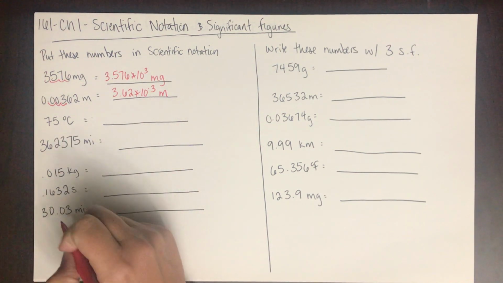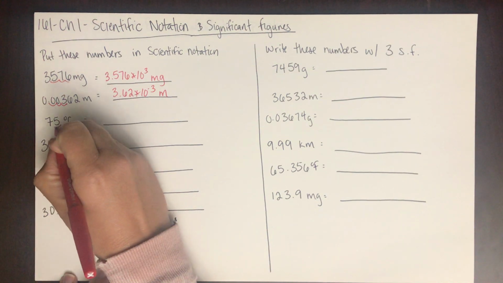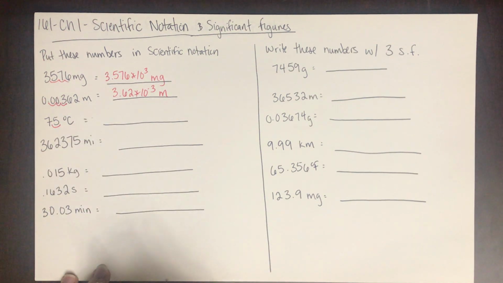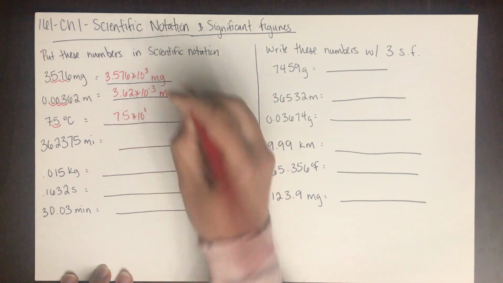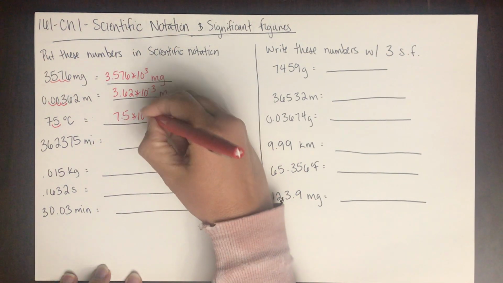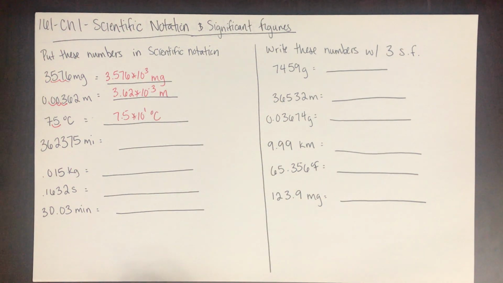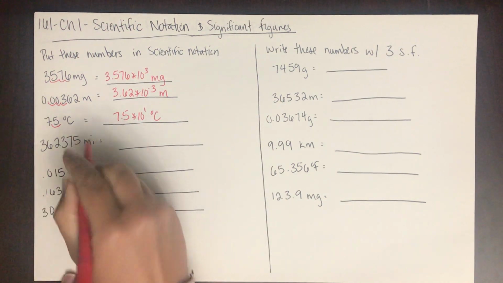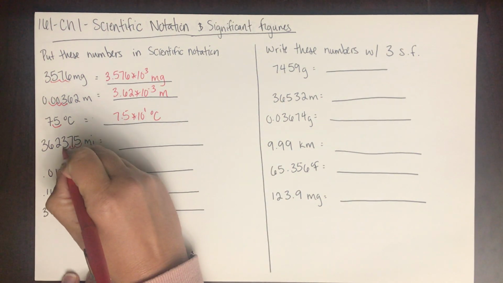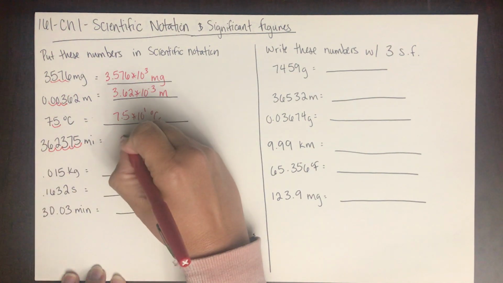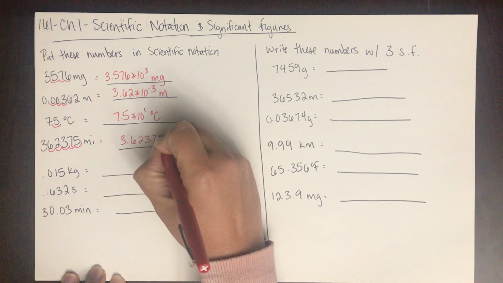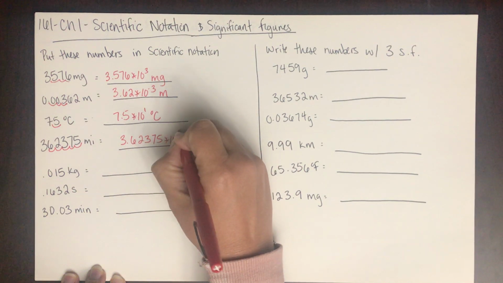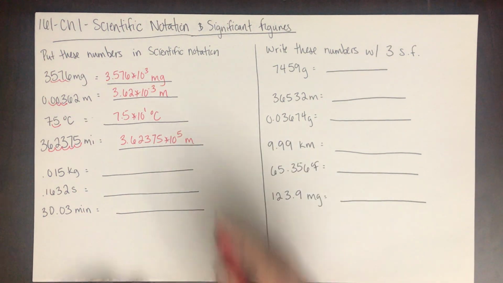Here, 75 degrees Celsius, here's my decimal place. I'm moving it 1 place to the left, 7.5 times 10 to the first, because I moved it 1 place, degrees Celsius. Here, 1, 2, 3, 4, 5. 3.62375 times 10 to the fifth miles.